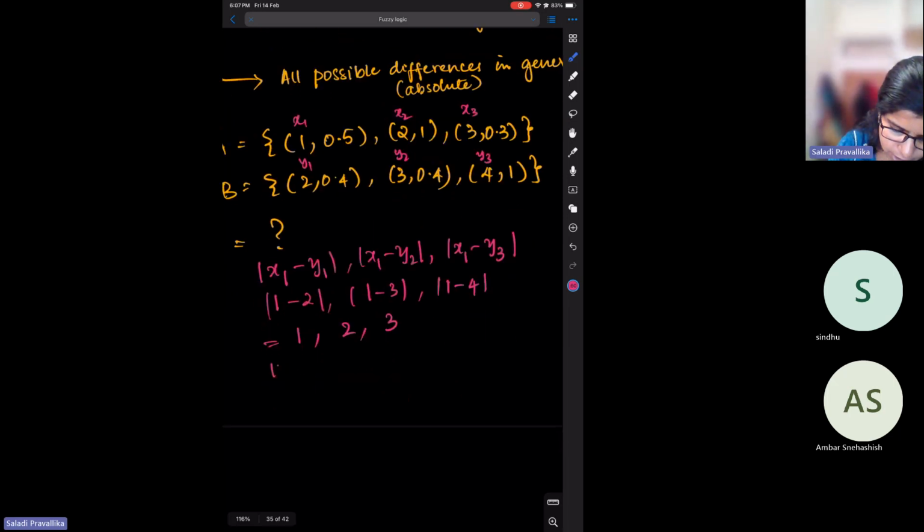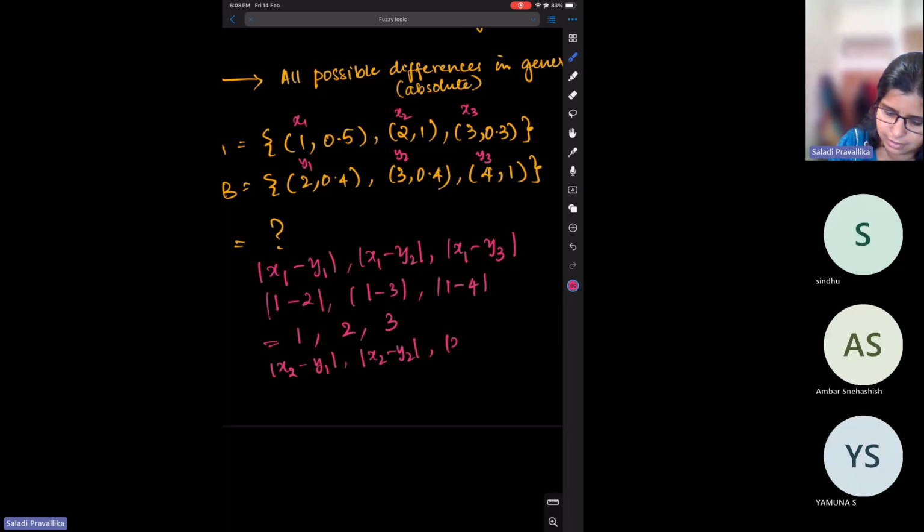Then again, we have to do for x2. x2 minus y1, x2 minus y2, and x2 minus y3. So what are these values going to be? 2 minus 1 is 0. 2 minus 3 is 1. Absolute difference. Okay, it's not normal difference.